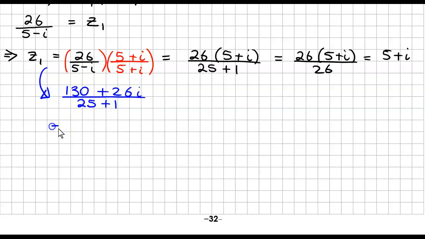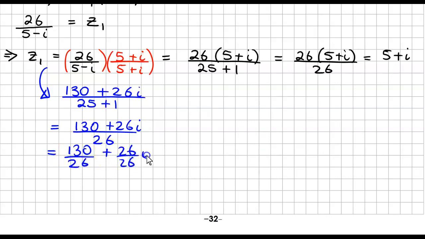So you'll be getting 130 plus 26i over 26. And again, 130 divided by 26 plus 26 over 26 i gives you 5 plus i for Z1. A nice little one if you can spot that it's going to end up being 26, but if not, you will get the same answer this way.